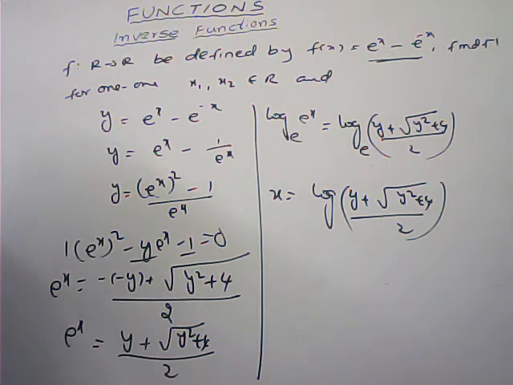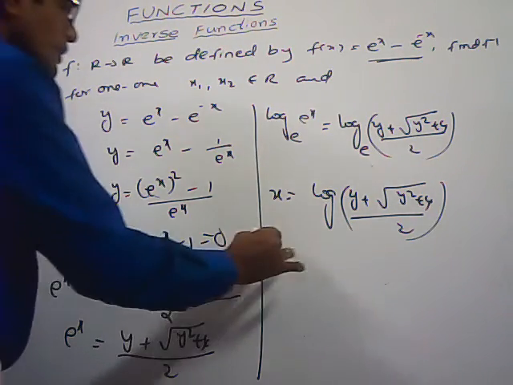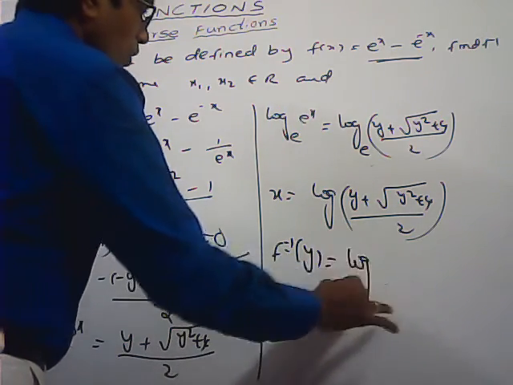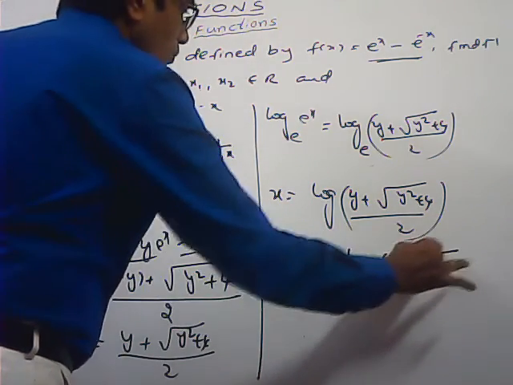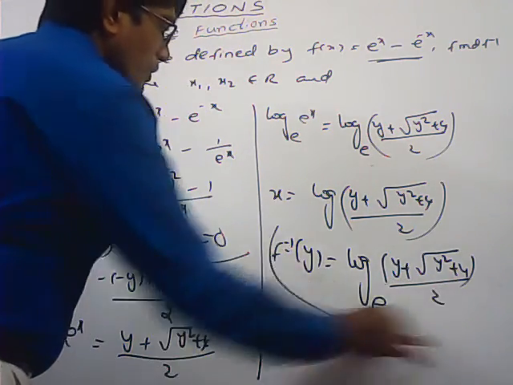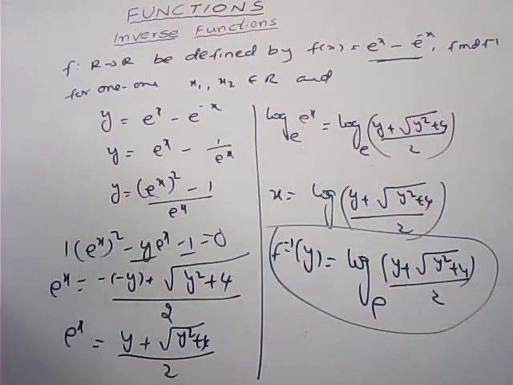So the given function is onto and f inverse exists. And what about f inverse of y? We can write f inverse of y is equal to log of y plus root of y square plus 4 upon 2 to the base e. If you want the function f inverse in terms of x, replace y by x only.